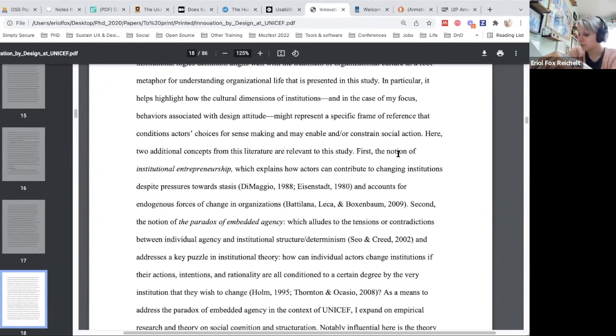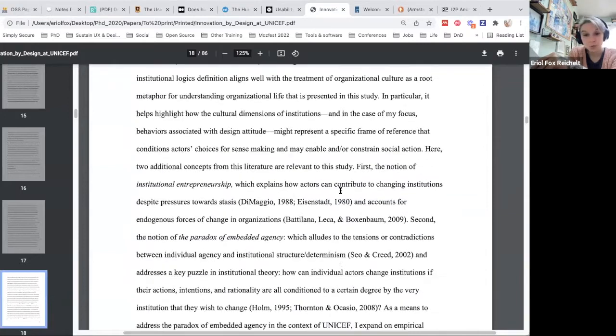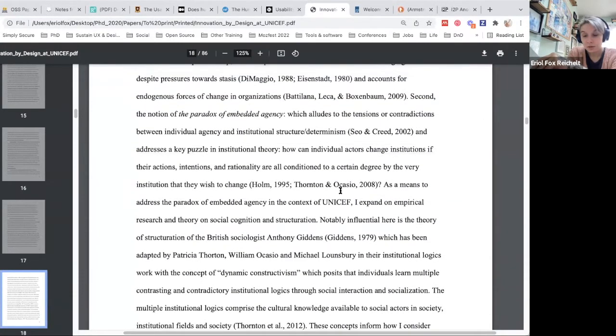An interesting observation to always pay attention to when you look at an organization that has a culture, which is creed. How can individual actors change the institutions if their actions, intentions, and rationality are all conditioned to a certain degree by the very institution they wish to change?